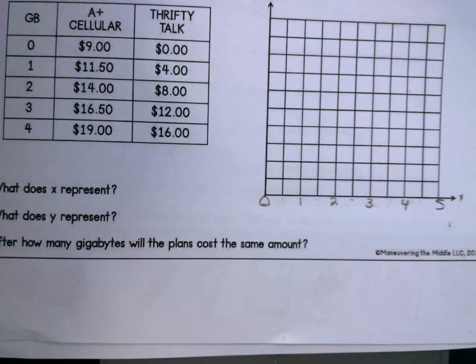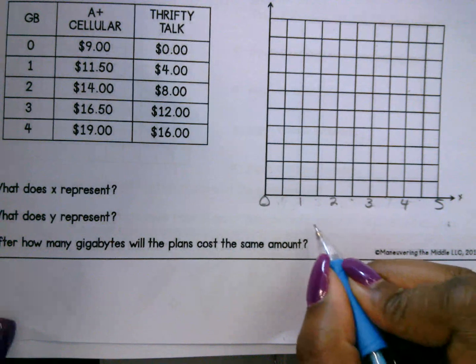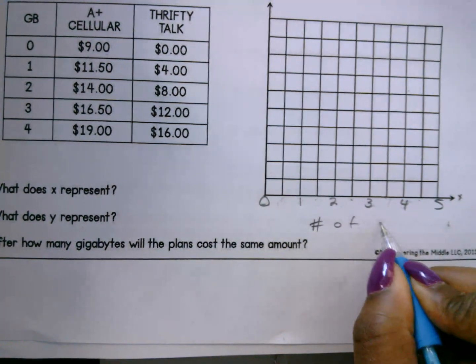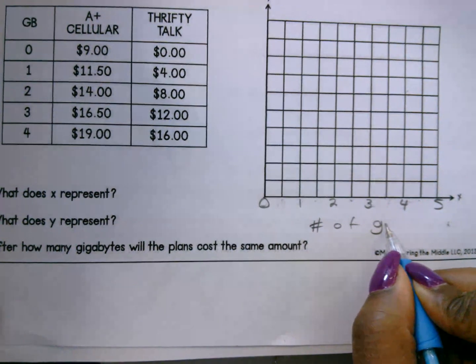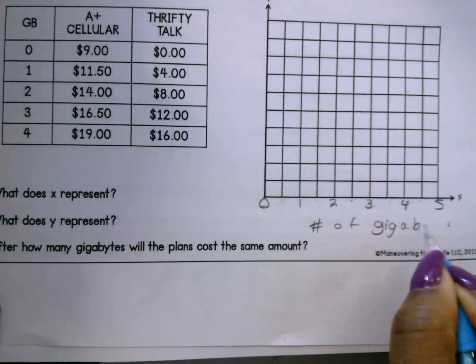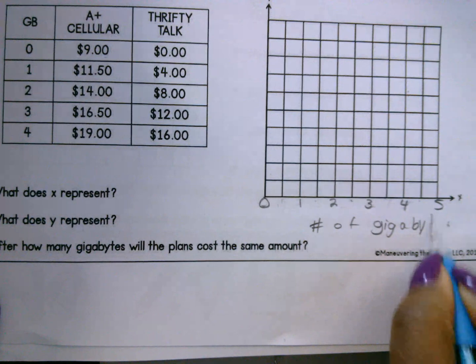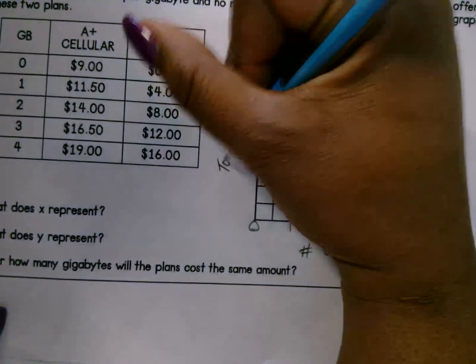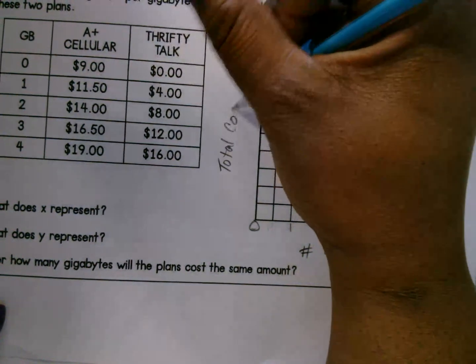And now the total amount. So this is the number of gigabytes on the bottom. And this is the total cost along the side.